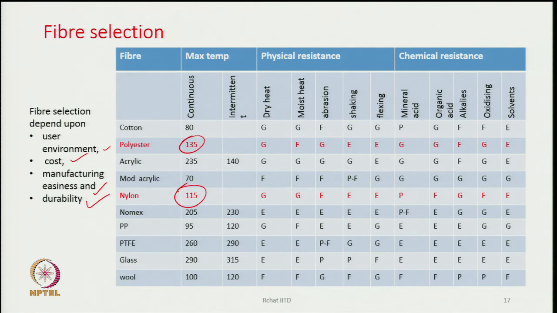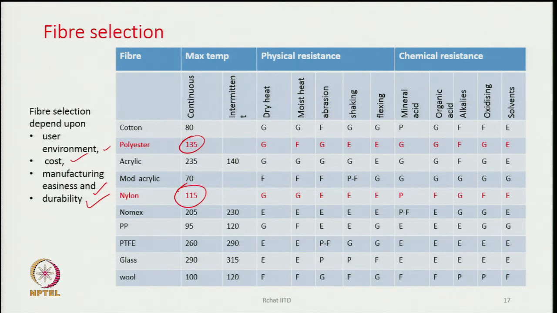Keeping all this in mind, let us say we ultimately land on these two fibers, polyester or nylon. So, we can choose either polyester or nylon, and then we go ahead keeping in mind all these factors: environment, cost, manufacturing easiness, durability. Many fibers have been given, some of them are very costly, some of them can be used in specific situations.